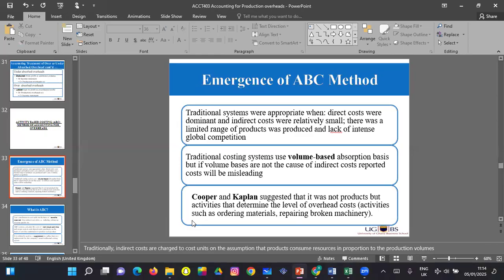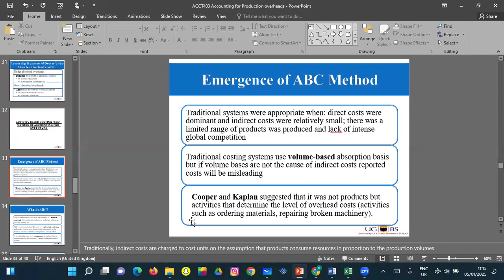There was a limited range of products produced and a lack of intense global competition. Traditional cost systems use a volume-based absorption basis, but if volume bases are not the cause of indirect costs, reported cost will be misleading.